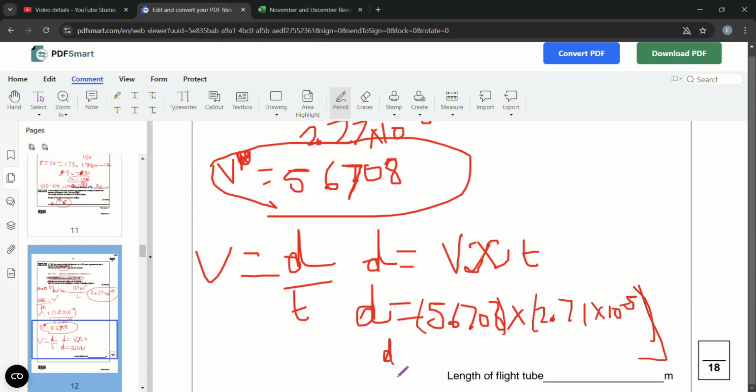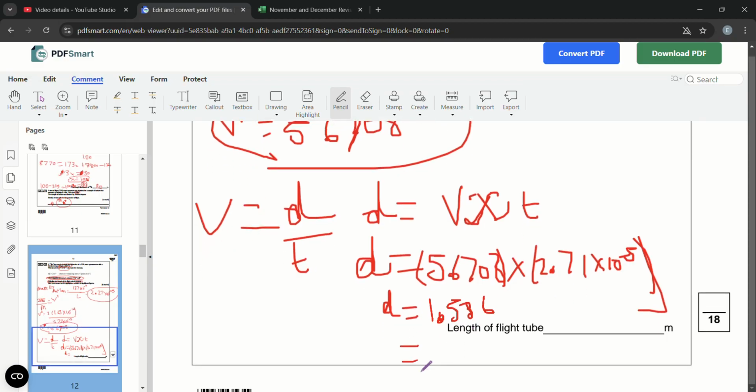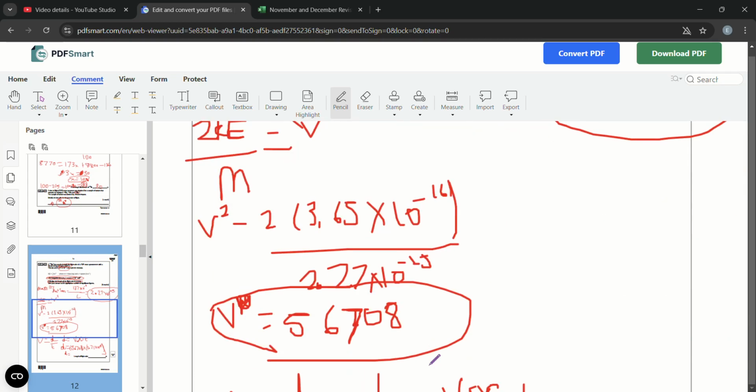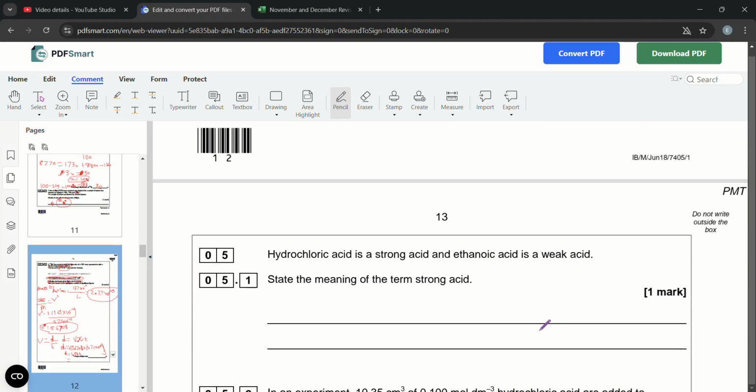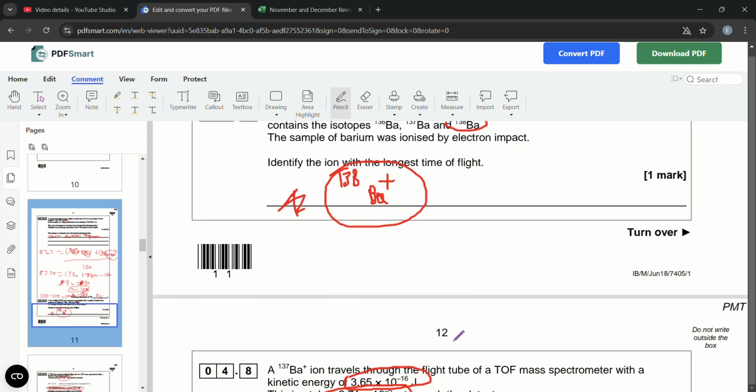Bracket so we don't get confused. And we get 1.5367868, which to 3 significant figures is 1.54. Whew. And that's the end of question 4.